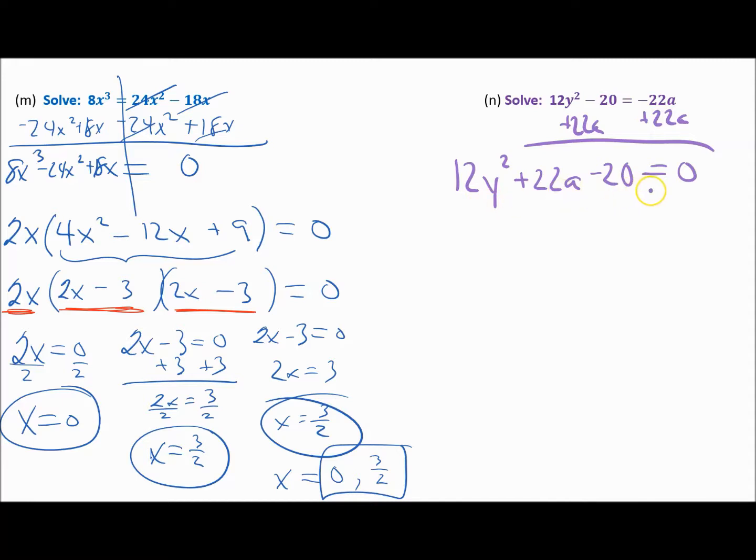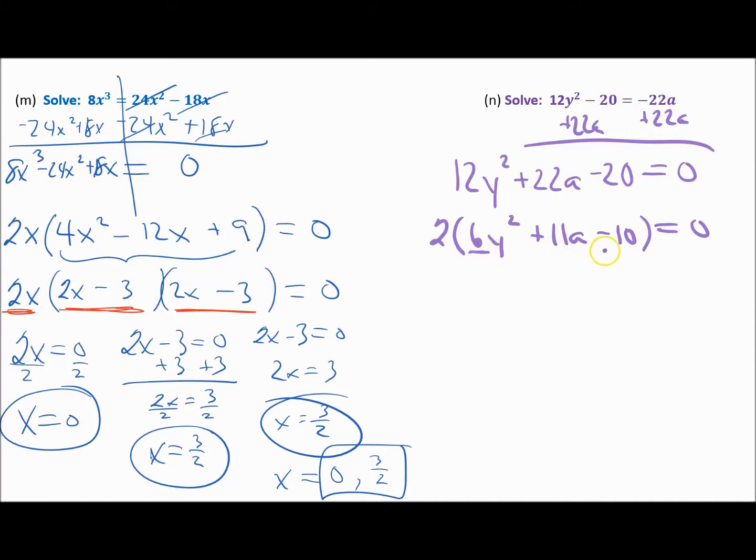A 2 divides into all of those, so that's 2 times 6y squared plus 11a minus 10 equals 0. This inside here is not one of those perfect squares. I could play around with the factors of 6 and the factors of 10, or I could use that AC method, which I think is what I'm going to do.